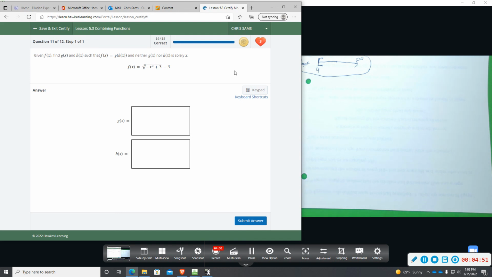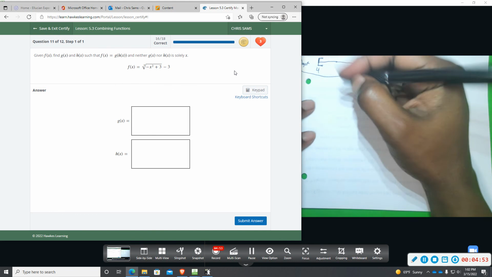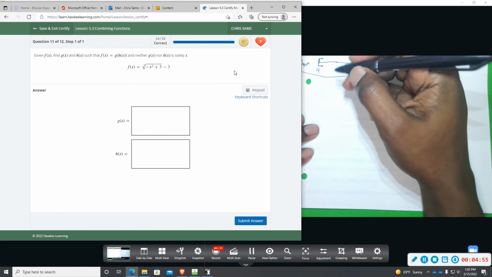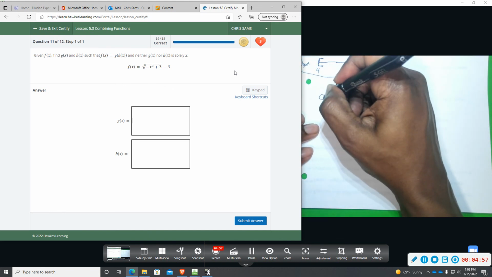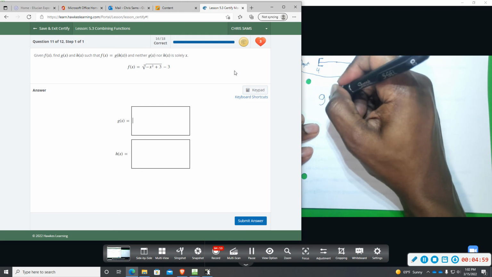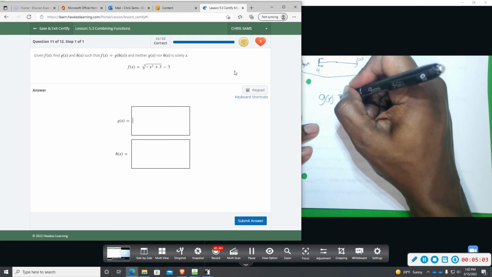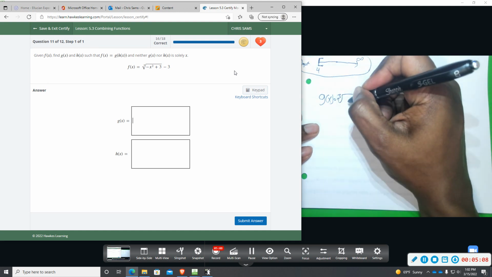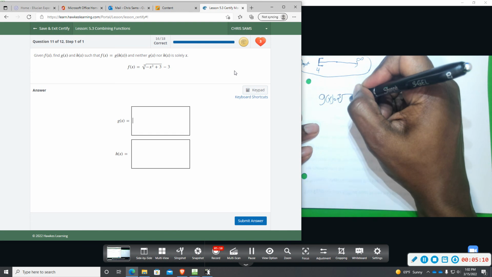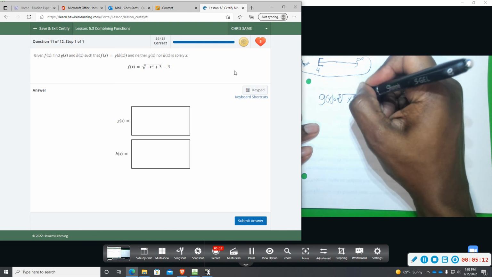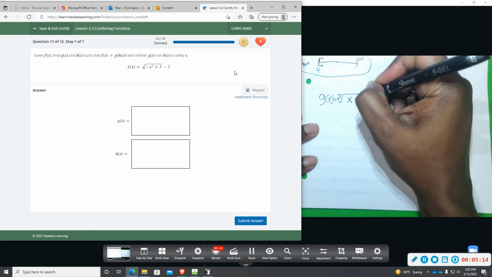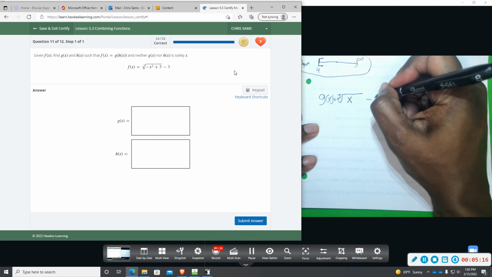There are a couple ways I can make this work. Let's say that g of x, this is just a simple way, g of x is going to be the outer function. So g of x is going to be the cube root of, we're going to say, just x. We're going to replace all that with x. Cube root of x, and then the minus 3.